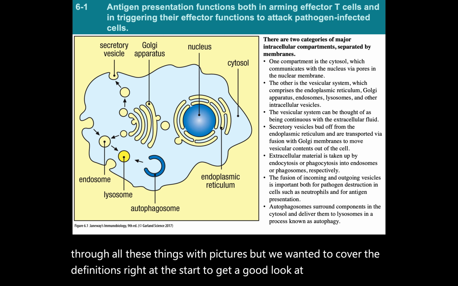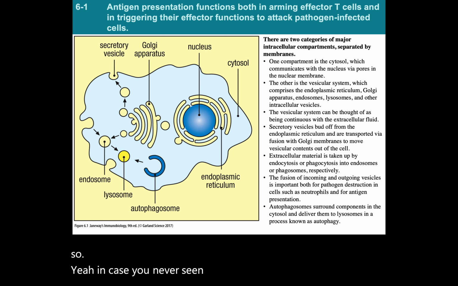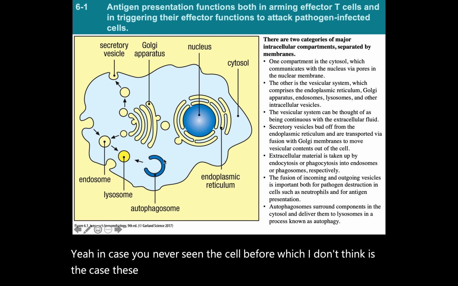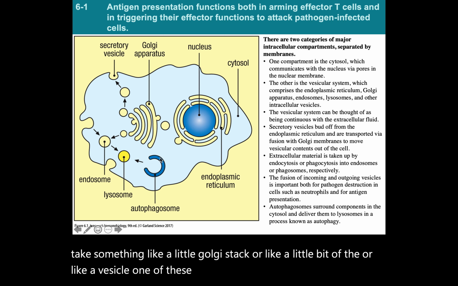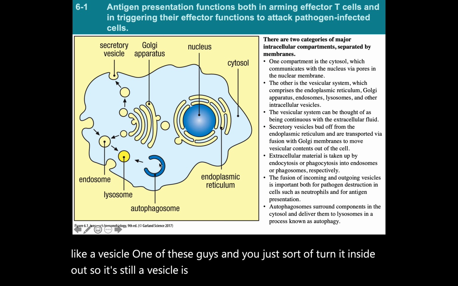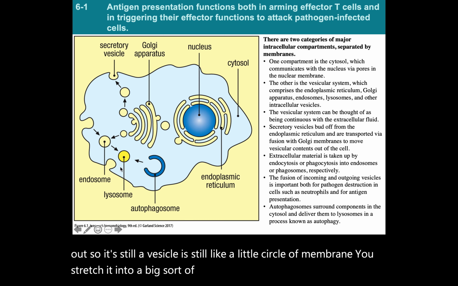In case you've never seen a cell before, which I don't think is the case, these are the parts. An autophagosome is when you take something like a little Golgi stack or a little bit of the ER or a vesicle, and you turn it inside out. So it's still a vesicle, still a little circle of membrane. You just stretch it into a big C shape and wrap it around.